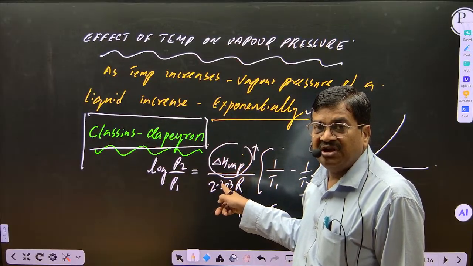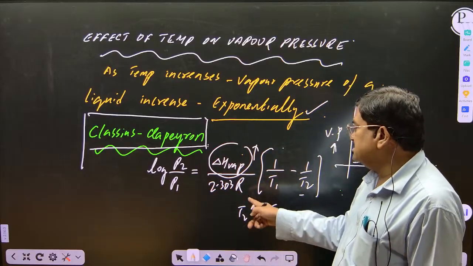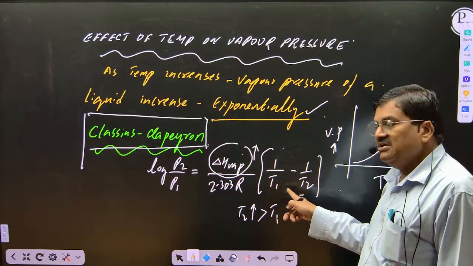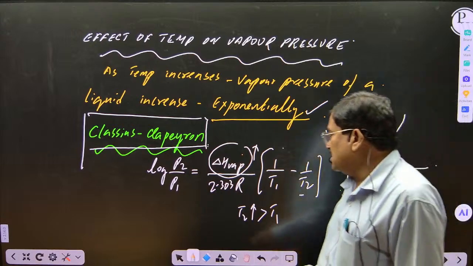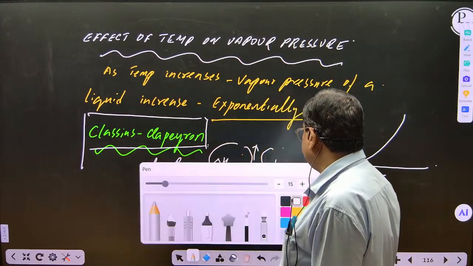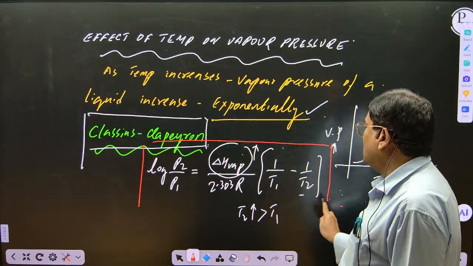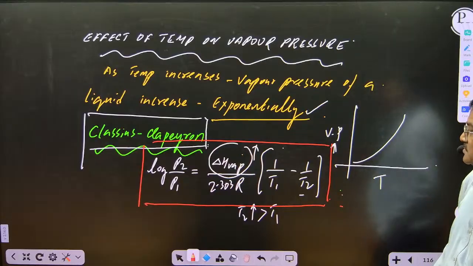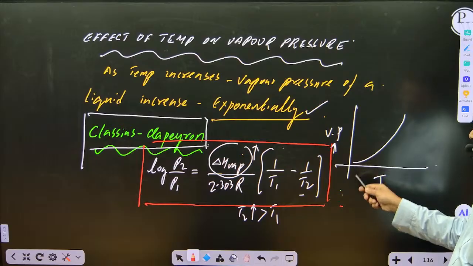In first year thermodynamics you people learned, conversion of liquid into vapor. And this is 2.303 R. R is universal gas constant. T1 is the temperature, T2 is the temperature. This relation is important. Keep this relation in the box. So from this we can conclude that rate of evaporation is increasing exponentially. And show this graph.